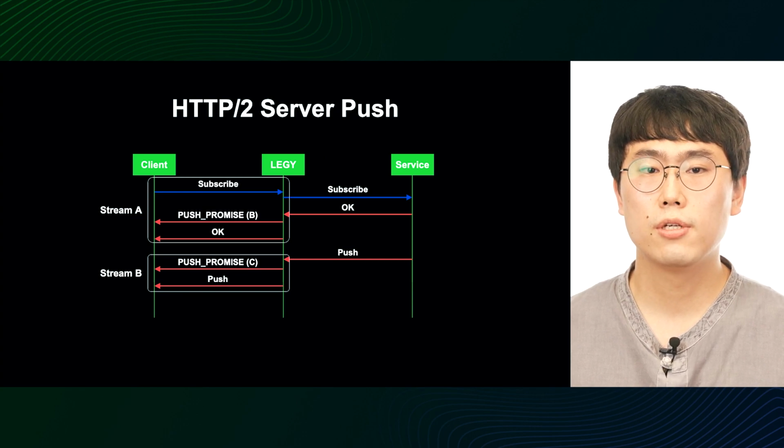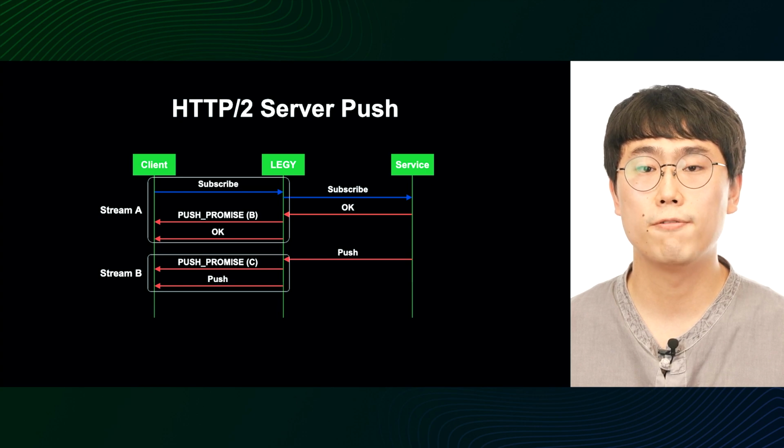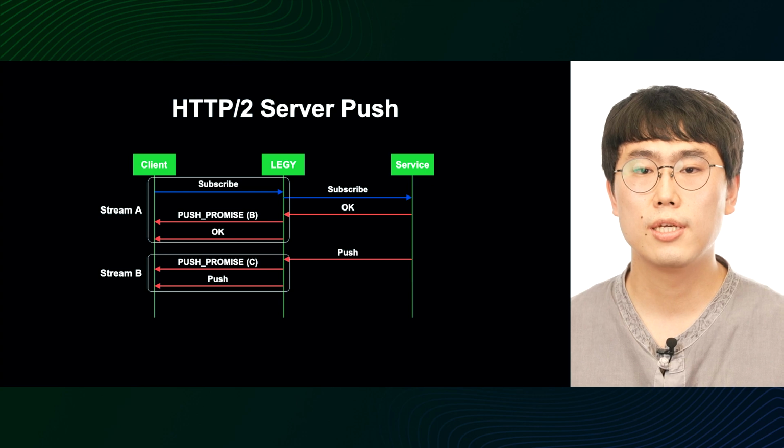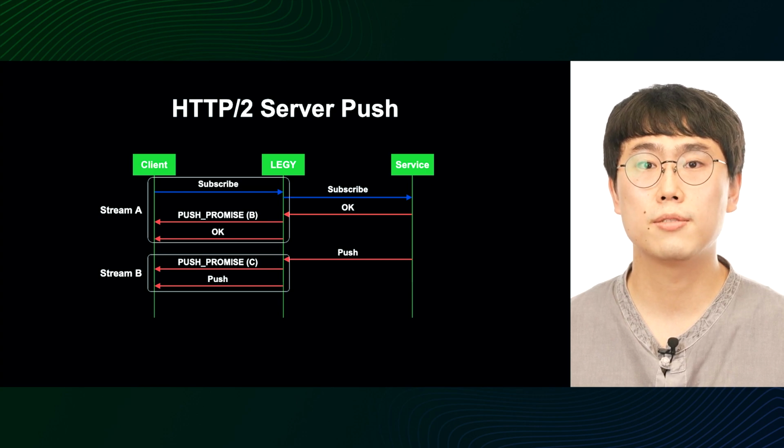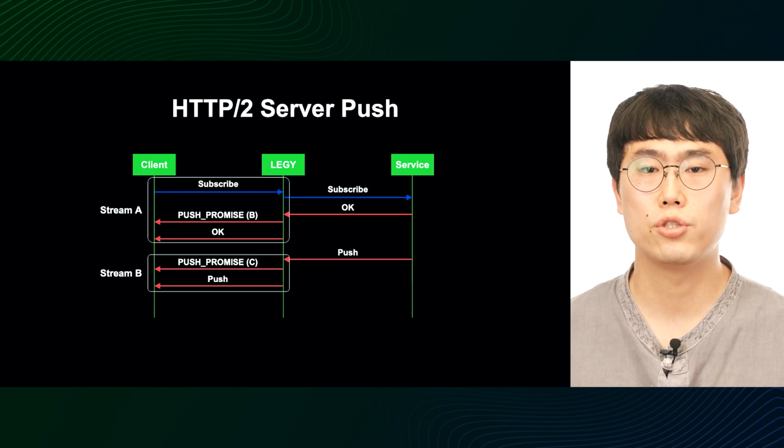Using this feature, we first came up with the sequence to make unsolicited push available. The only difference from SPDY push is that LEGY sends push promise in every stream related to push. Push promise is sent with the subscription response, and each push also sends push promise for the next push.